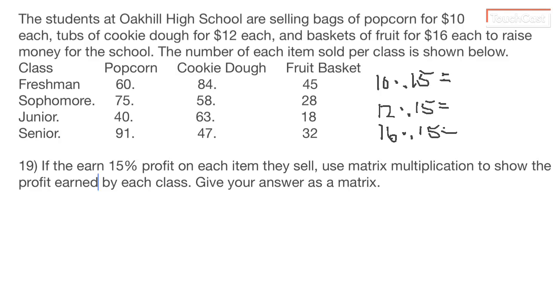Well, 10 times 0.15 is 1.5, times 12, we're going to get 1.8, and times 16, we're going to get 2.25.